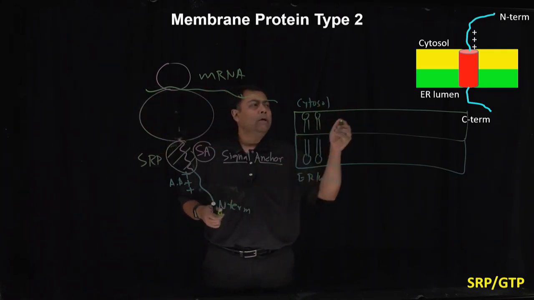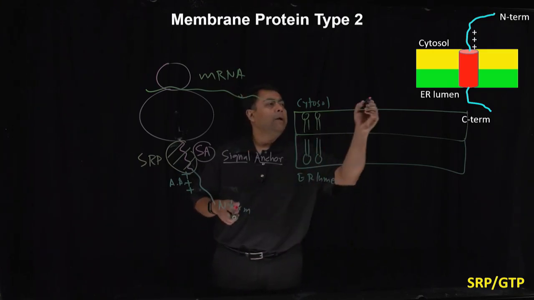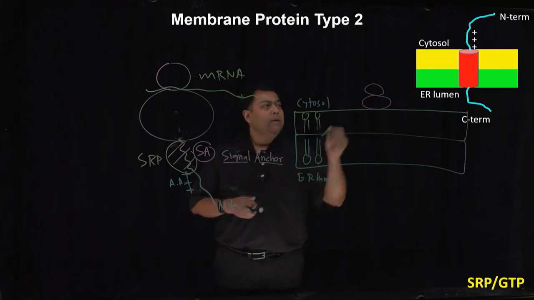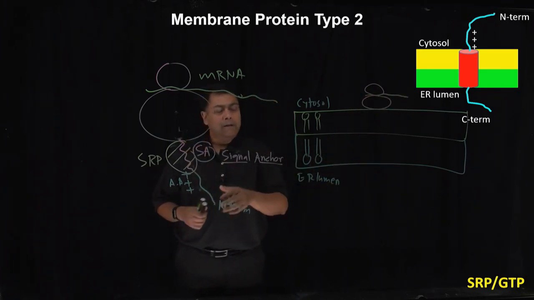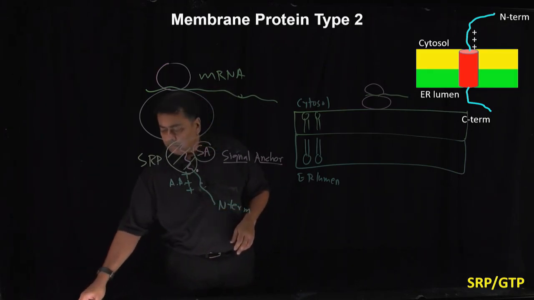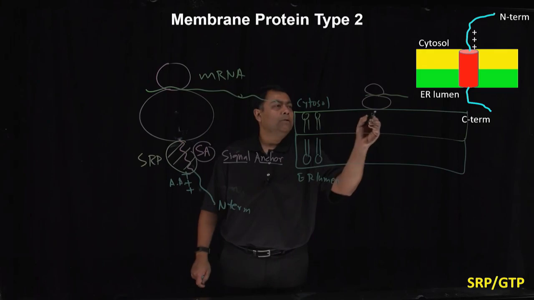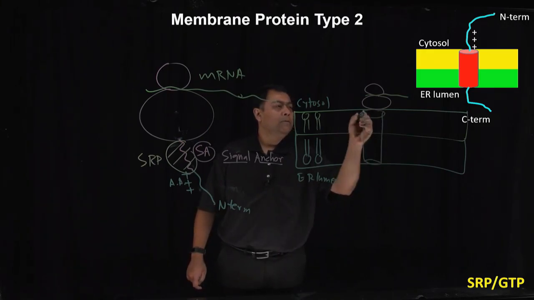I'm just drawing the ribosome that is sitting on the ER membrane right here, small and large subunits, and then you have the mRNA. And what we are going to see in this process, very interestingly, let's draw the translocon as well.